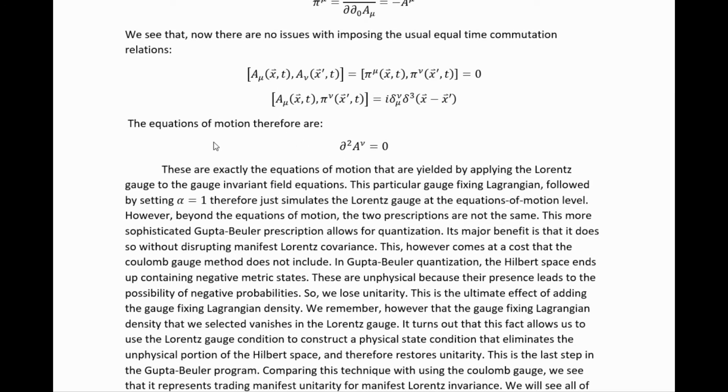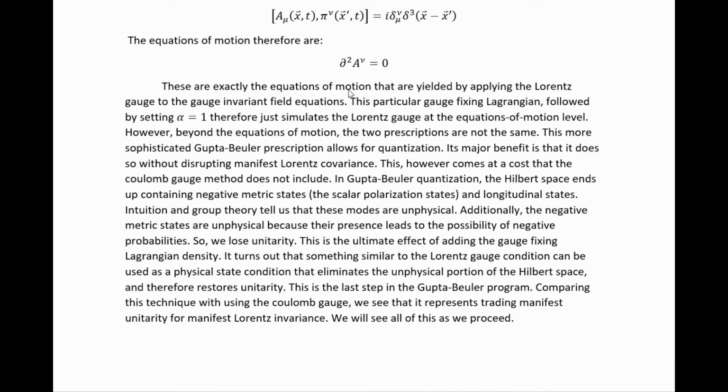So it sort of simulates the Lorentz gauge. These are exactly the equations of motion that are yielded by applying the Lorentz gauge to the gauge invariant field equations. This particular gauge fixing Lagrangian, followed by setting alpha equal to 1, therefore just simulates the Lorentz gauge at the equations of motion level. However, beyond the equations of motion, the two prescriptions are not the same.